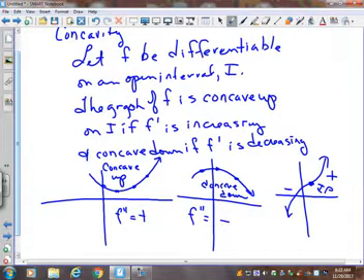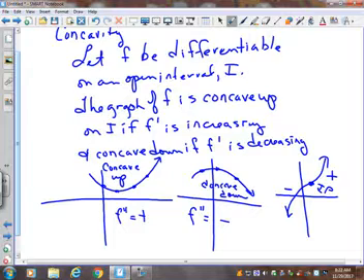Yeah. So what this is saying is when you have your first derivative showing increasing, that should show that it's concave up on both sides of some point. And if you're decreasing, it shows it's concave down.